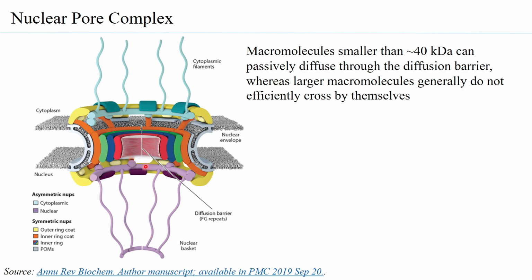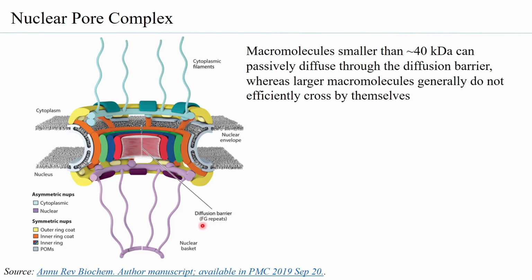The reason for that is this diffusion barrier contains proteins, nucleoporins, and within the nucleoporins there are certain domains present. We all know that proteins fold to form a tertiary structure, and the tertiary structure in itself can have several motifs and domains. So the nucleoporins have a domain which is called the FG domain.